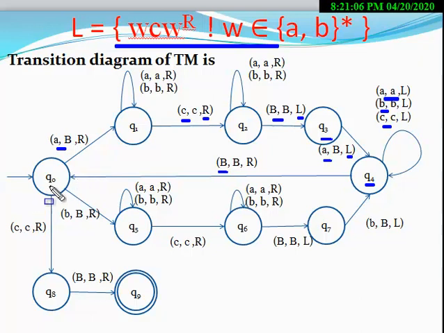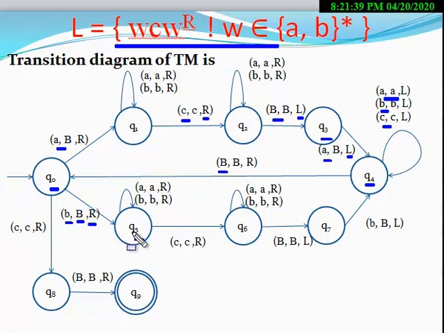Now check here. At the state Q0, when the input symbol b appears, the machine changes its state from Q0 to Q5, and small b is replaced by capital B. That is, small b is removed, and the head of the machine moves to the right direction.